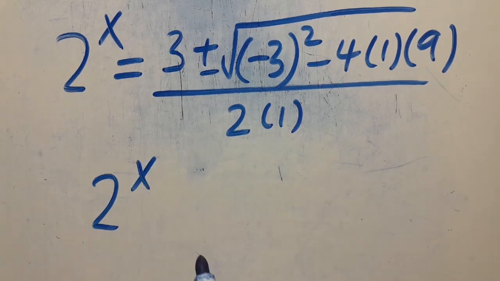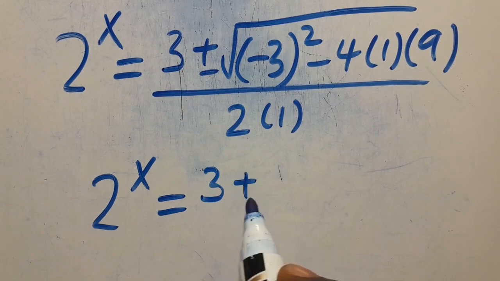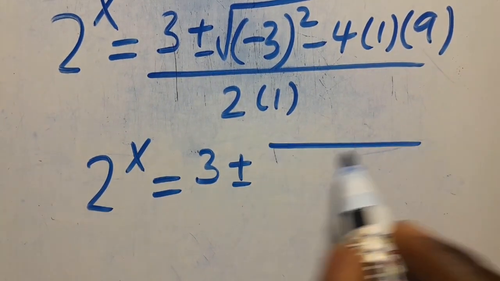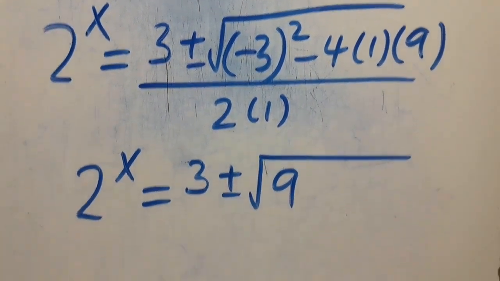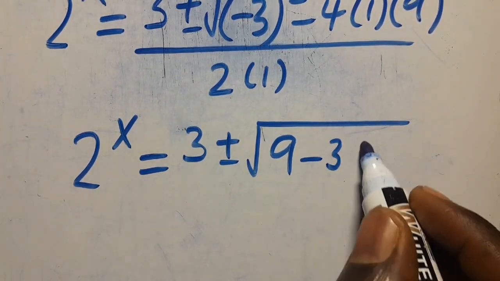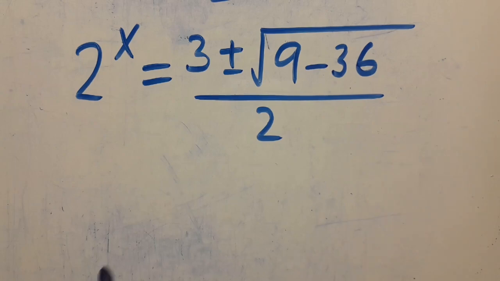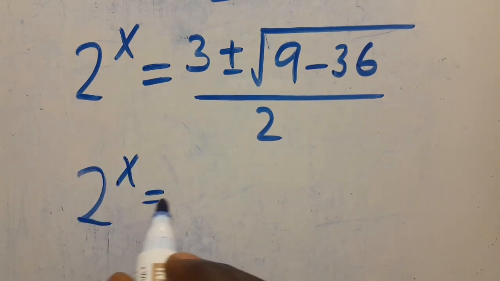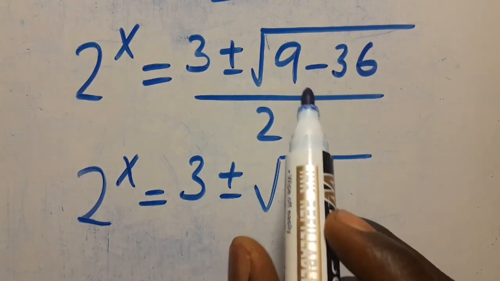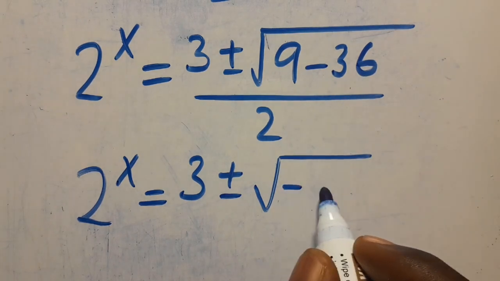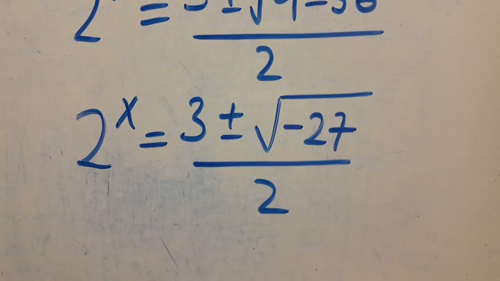So we have 2 to the power of x equals 3, positive or negative, root of 9 minus, 4 times 1 is 4, multiplied by 9 gives us minus 36. Then all divided by 2. So from here 9 minus 36 will give us minus 27, then divided by 2.